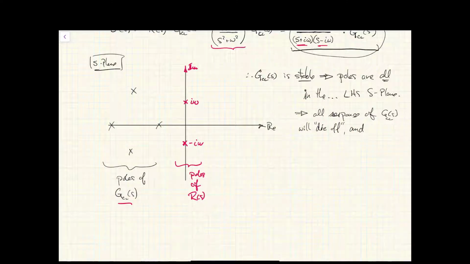And remember the settling time goes like 1 over tau omega n, and tau is the angle of the poles with respect to the negative x-axis.